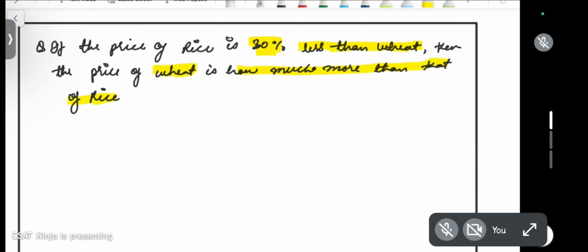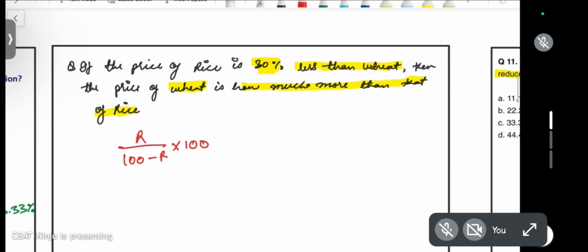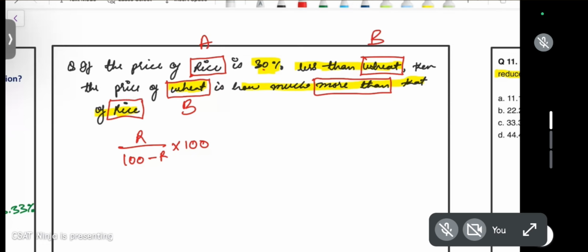It is based on the second formula, which was R divided by 100 minus R into 100. Remember, rice represents A, and wheat represents P. A is 30% less than P, and we are asked how much more P is than A.